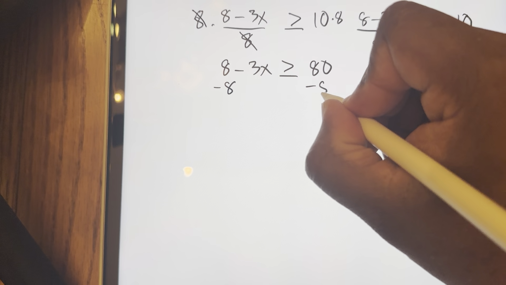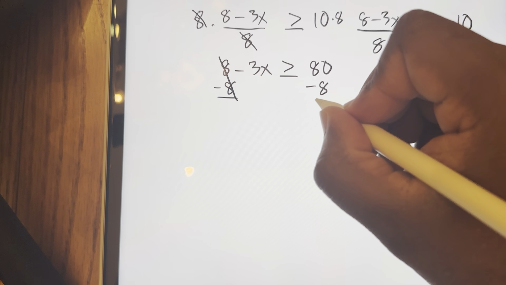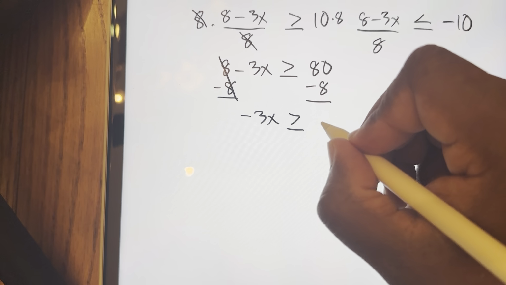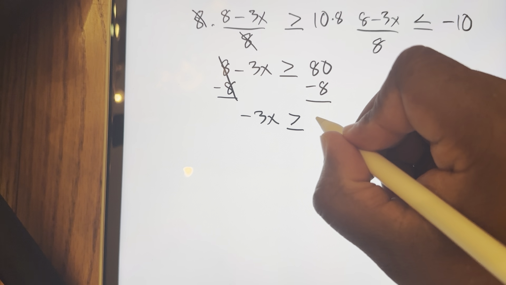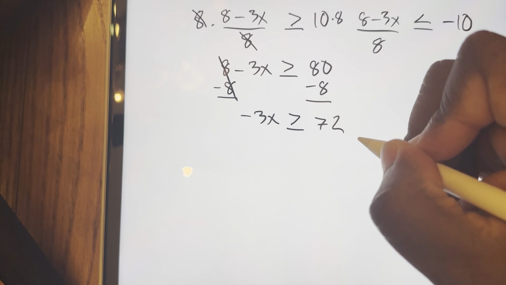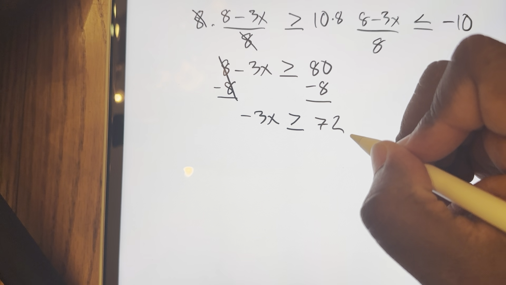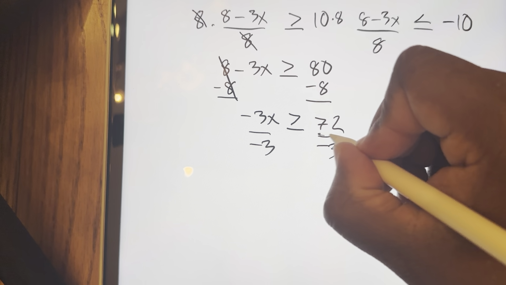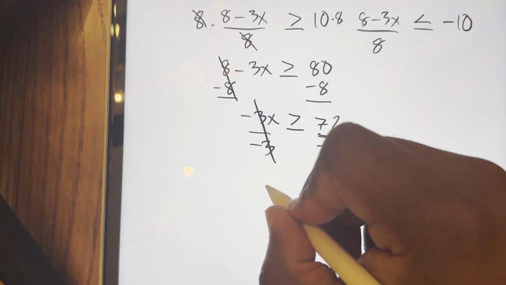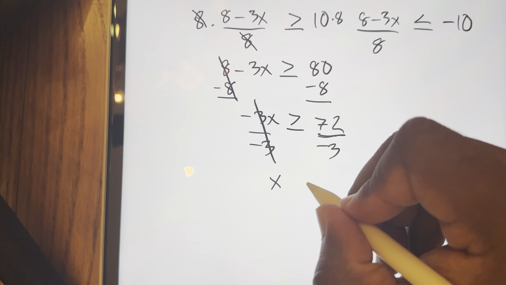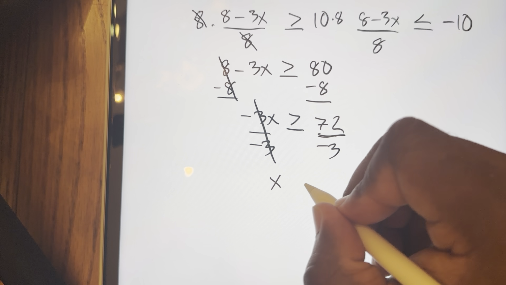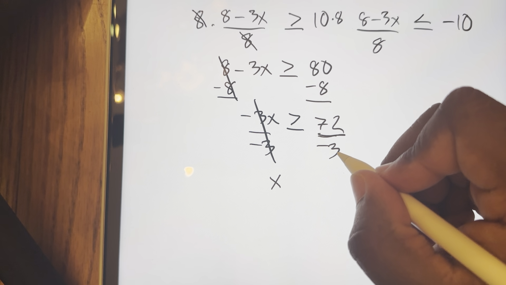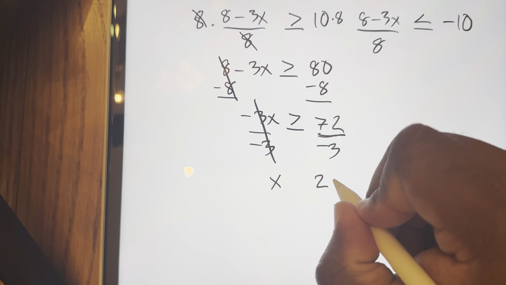Subtract 8, subtract 8. Negative 3x is greater than or equal to, that's going to give us 72. And then let's divide both sides by negative 3. And that gives us x is, what is that? 3 and a 7 is 2, remainder 1, so 24.